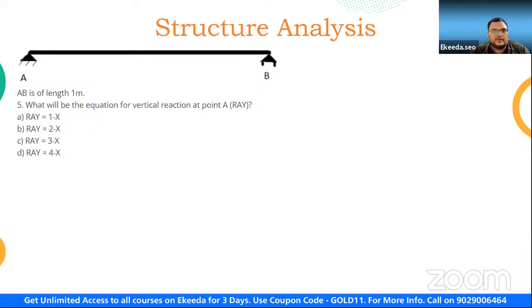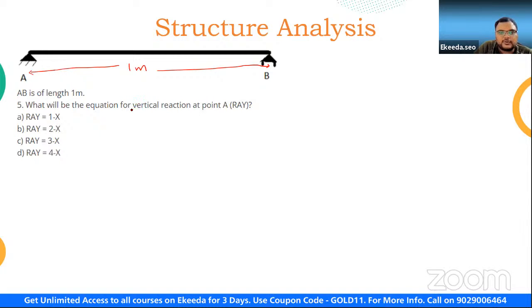Next question is, now I have noted down one numerical, a very simple numerical for you guys. Try to solve this question and tell me the correct option. Here it is saying that this beam AB is of length 1 meter. So let me write down here that the length of this beam is 1 meter.